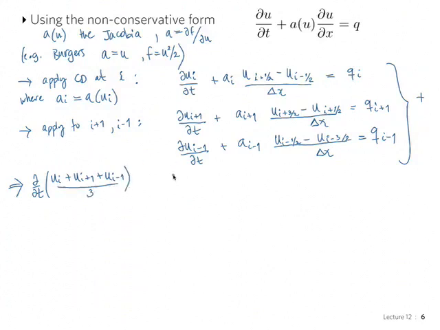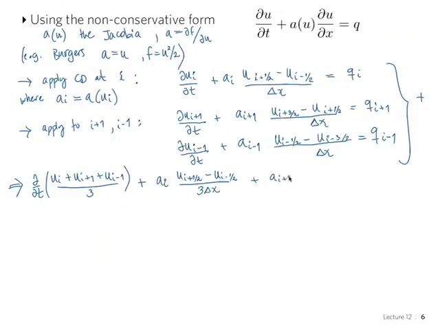And actually now the fluxes are not going to cancel out because I have this A over here. So we get A_i, I have to write them all out, (u_(i+1/2) minus u_(i-1/2)) divided by, I've divided by 3, so let me just write 3 delta x. I've divided all of this equation by 3.